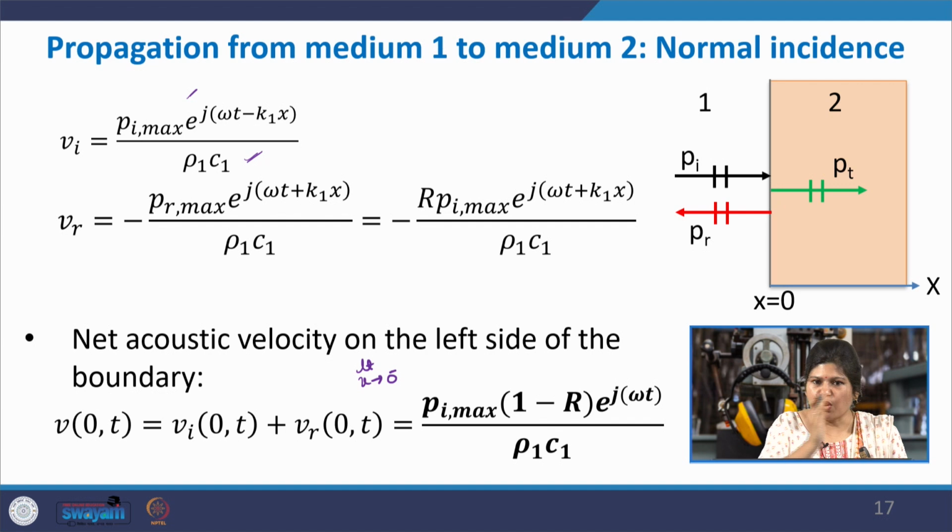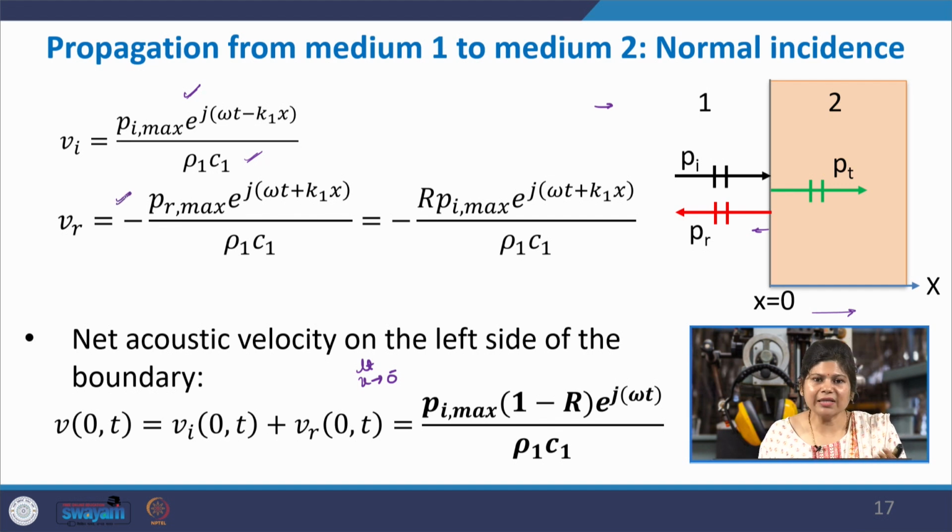Because sound is a longitudinal wave, the medium particles are moving forward along the P_i direction, so positive. So we have a positive P by rho_1 C_1. But the reflected wave is moving backwards, because this is our positive x direction, so it is moving away. The velocity is the same as the direction of wave propagation, which is backward. So here we have a minus sign.